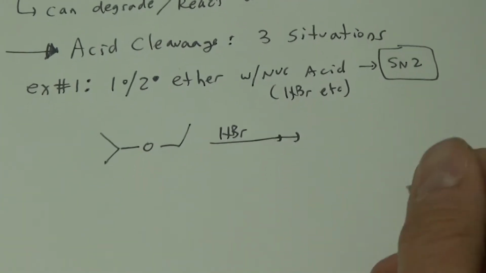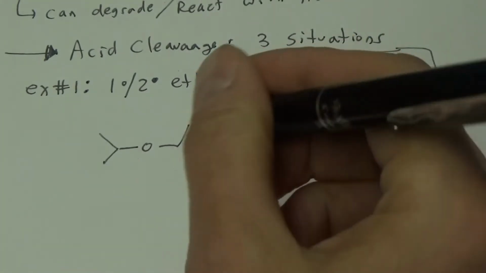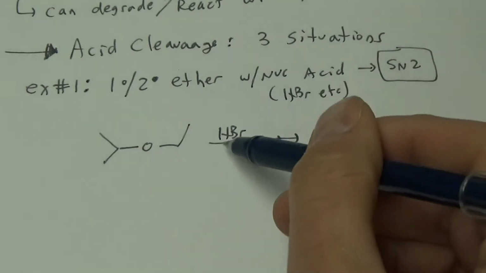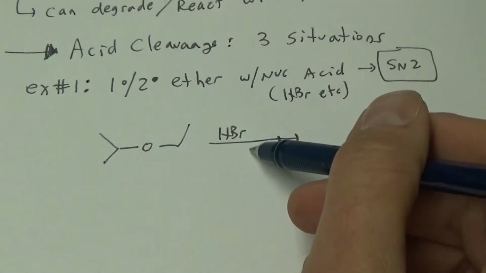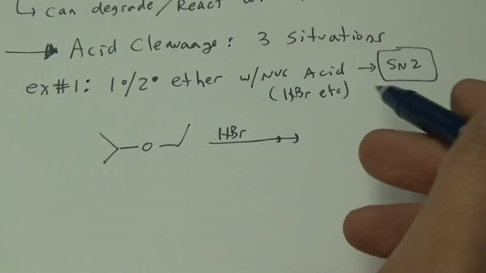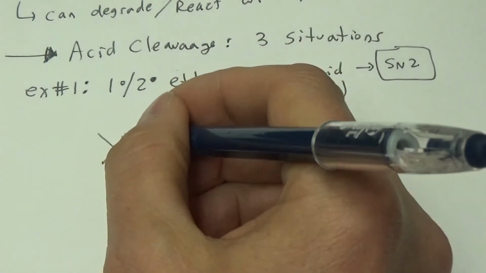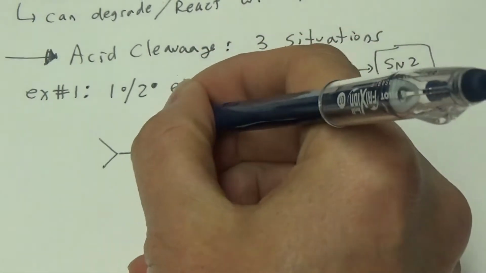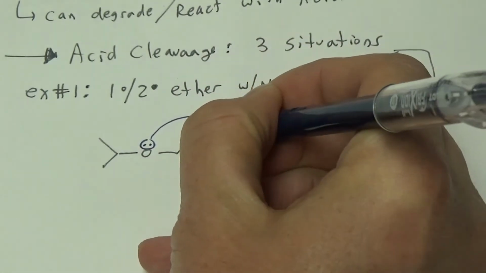I'm not going to just give away the product, I'm going to have us step through it. So what do you think is going to happen? It's a cleavage reaction, there's acid, there's Br. I say SN2, but the first thing that happens is protonation of the oxygen.